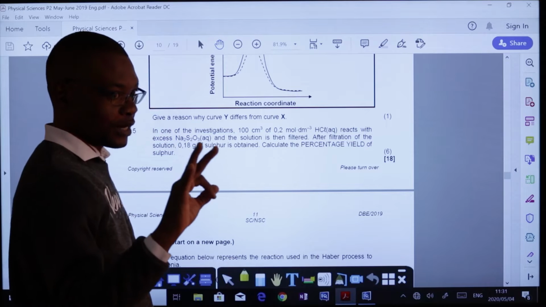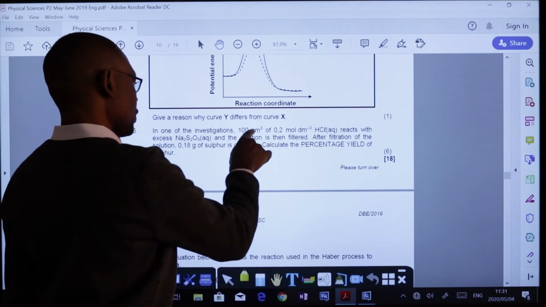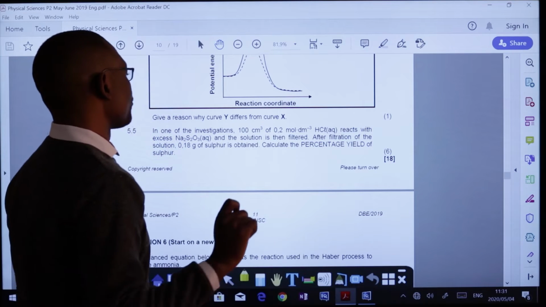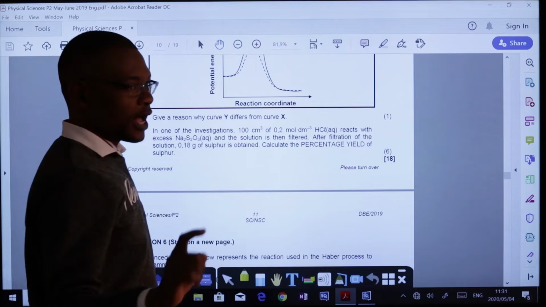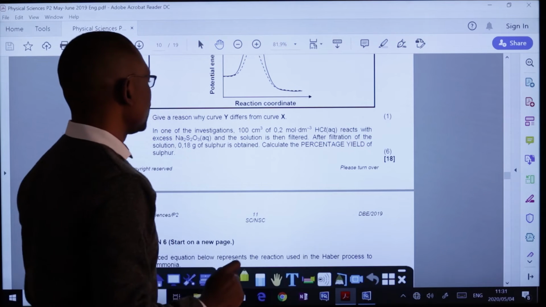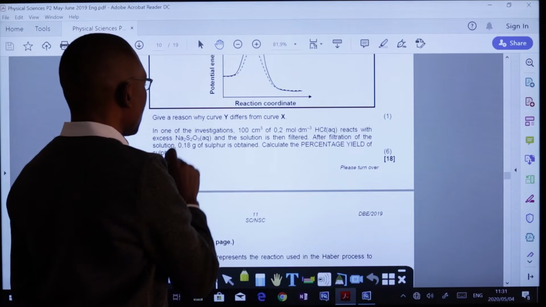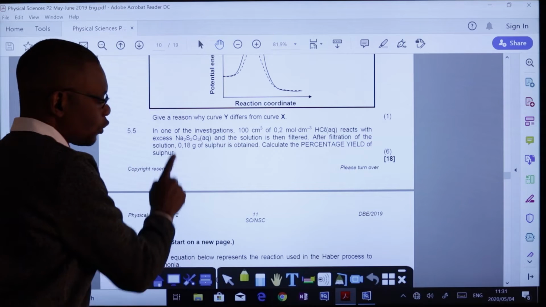So I'm going to use three parameters, boys and girls: the volume of the hydrochloric acid, its concentration, and the amount of sulfur we are going to obtain.